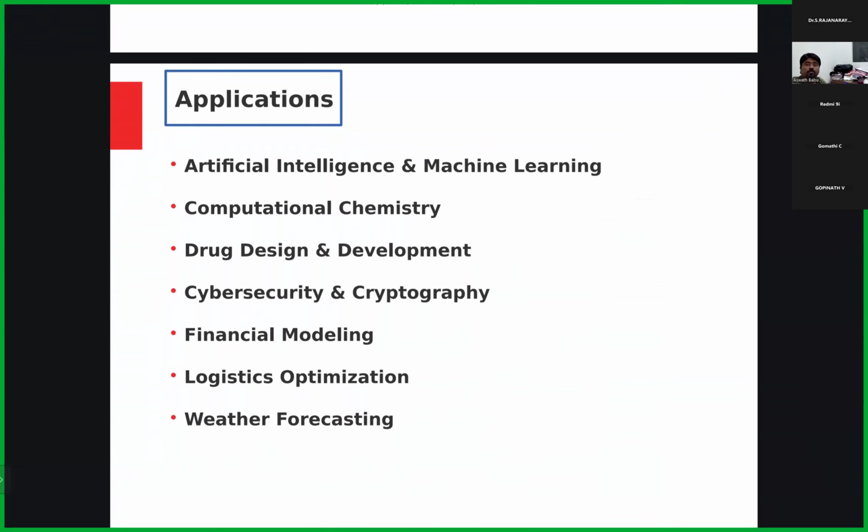There are many applications people are trying to pursue these days. Some of them are quantum chemistry or computational chemistry, and biological applications like studying protein folding and designing a drug as per the proteins. Even for communication, people have started using quantum key distribution, that is, cyber security.